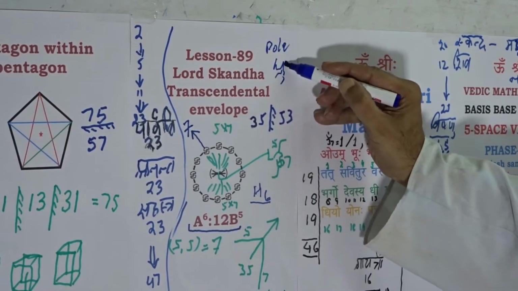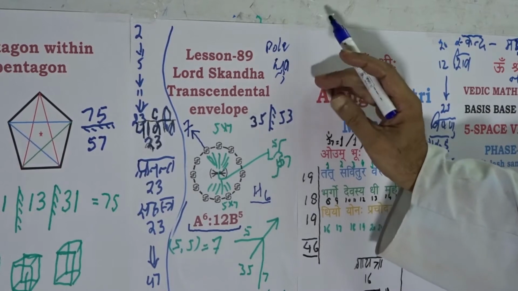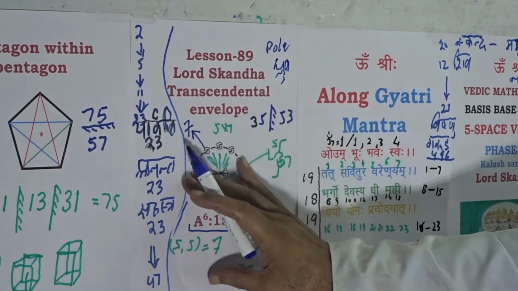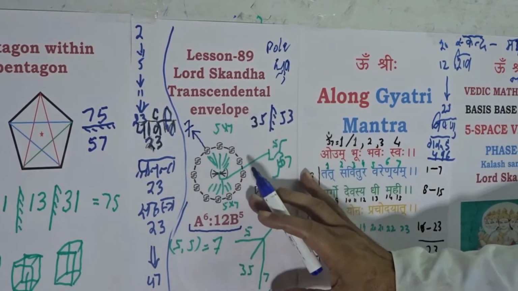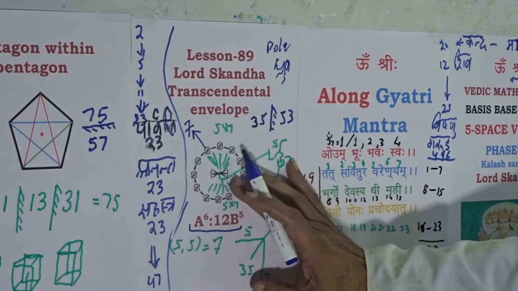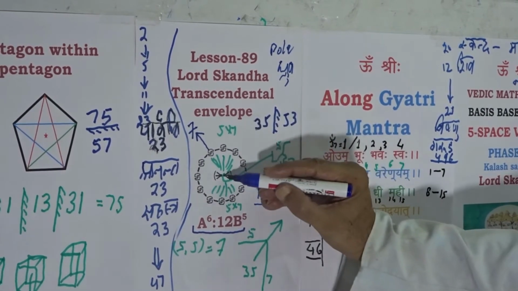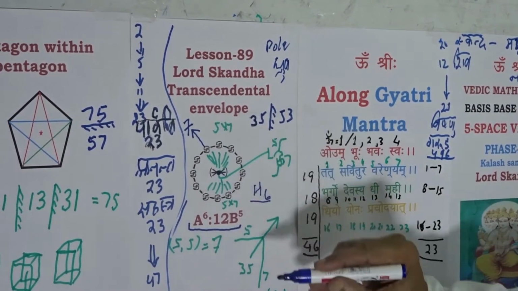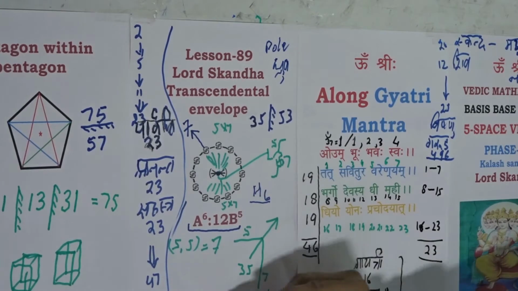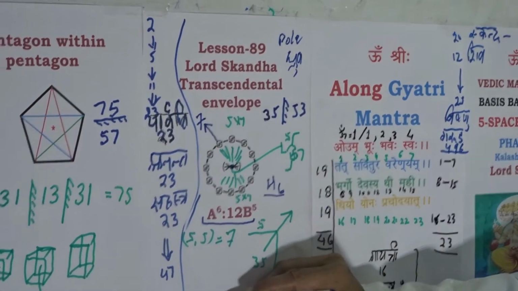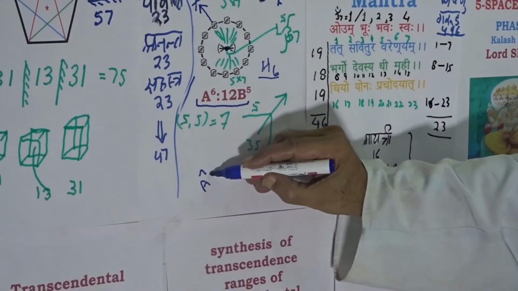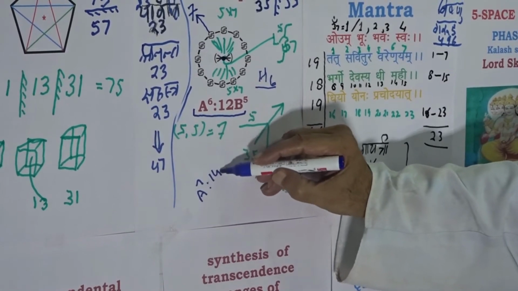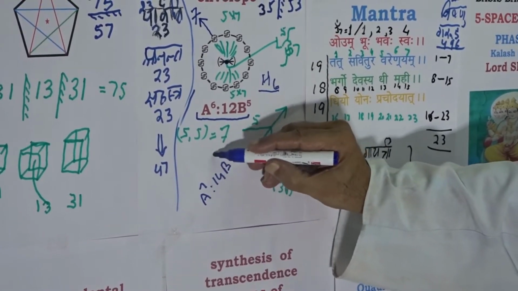This 7 space dimensionalization would mean that the solar universe 6 space accepts 7 space as an origin, and it would mean that the reach would be A^7 is to 12 B^6.